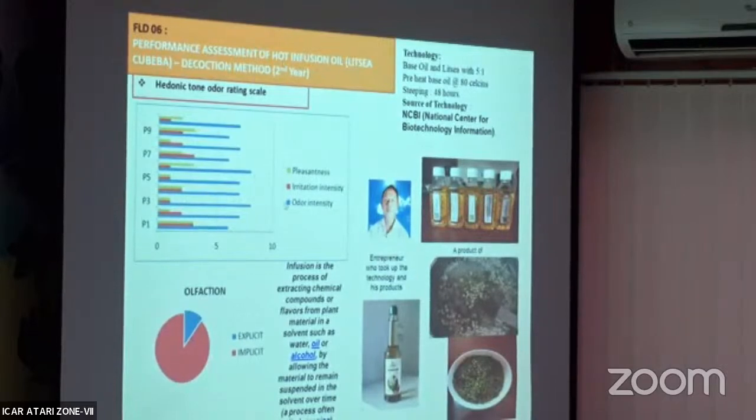And when we did a hedonic test on odor rating, the result was found to be like this. And this is one of our entrepreneurs who took up this technology, and these are the end products of the FLD. This is for the second year now.